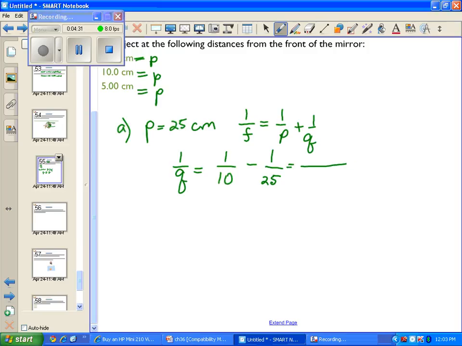Let's see, if we choose the common denominator of 50, you can see we get 5 minus 2, which is equal to 3/50, and that means that q is equal to 50 divided by 3, which works out to be about 16.7 centimeters when we round it.